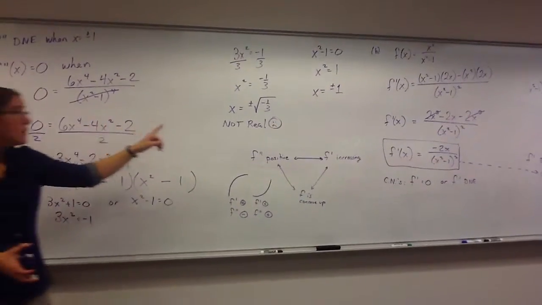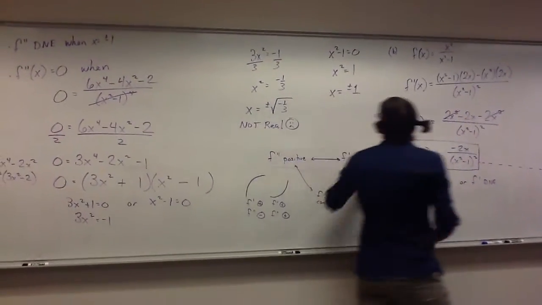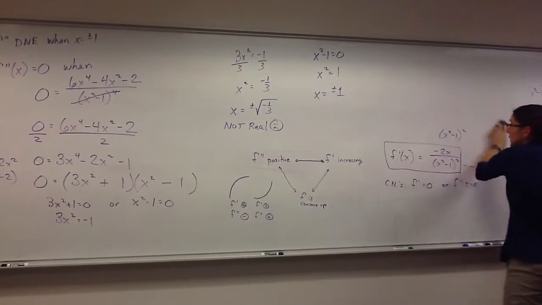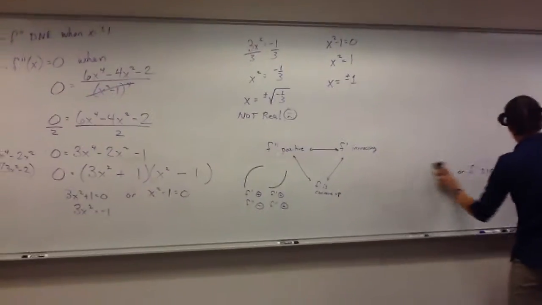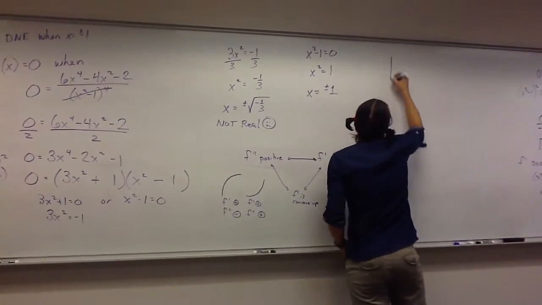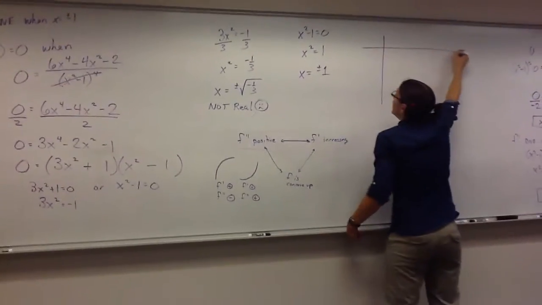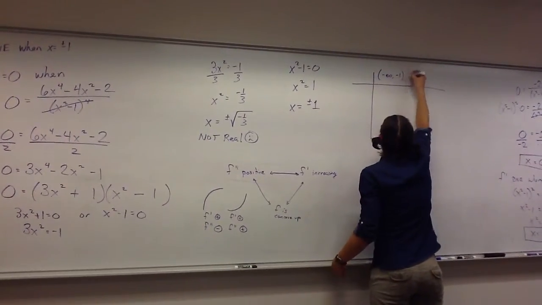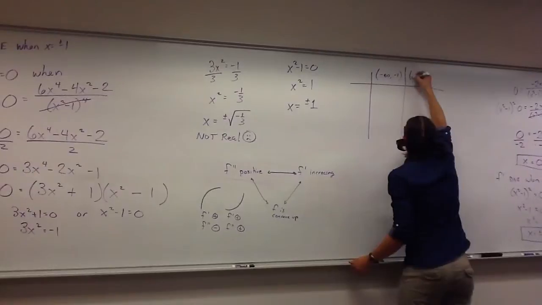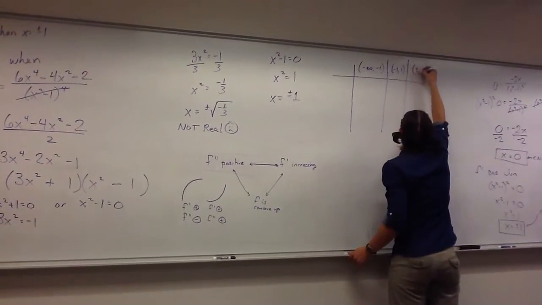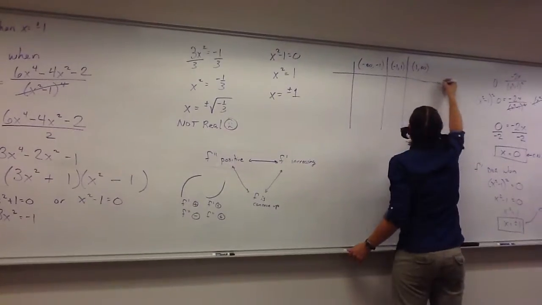Okay, so here we have our second derivative. We want to break up our x-axis into intervals and make another table for ourselves. So here we've got negative infinity up to negative 1, negative 1 up to positive 1, and positive 1 up to infinity.